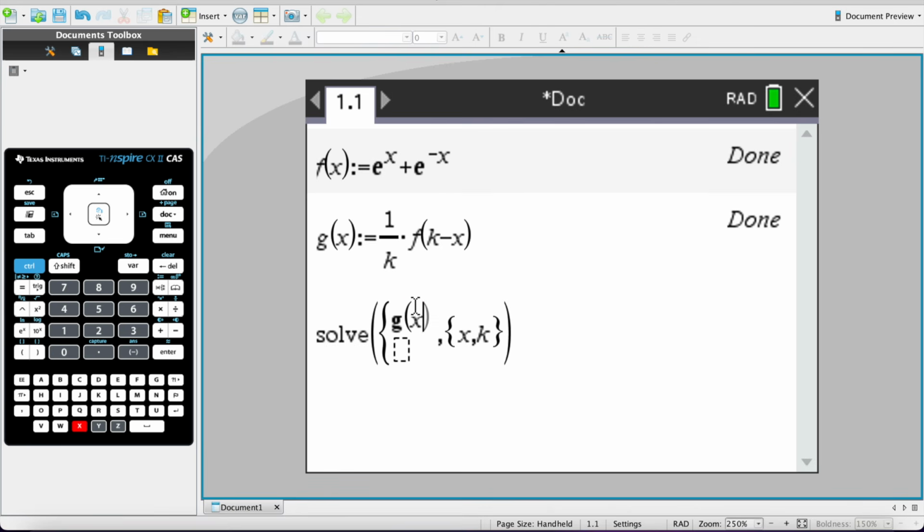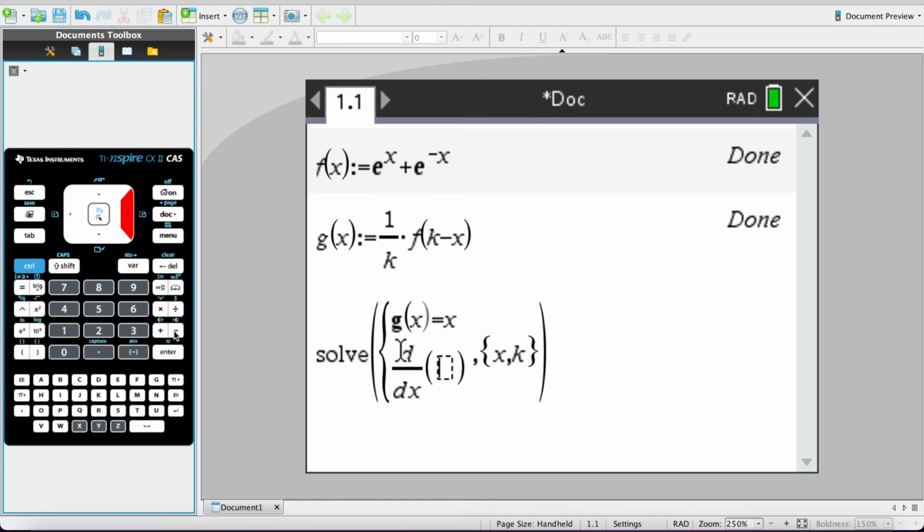The first one, g of x is equal to x, and the second one, the derivative, so shift minus g of x is equal to 1. Just do control enter.